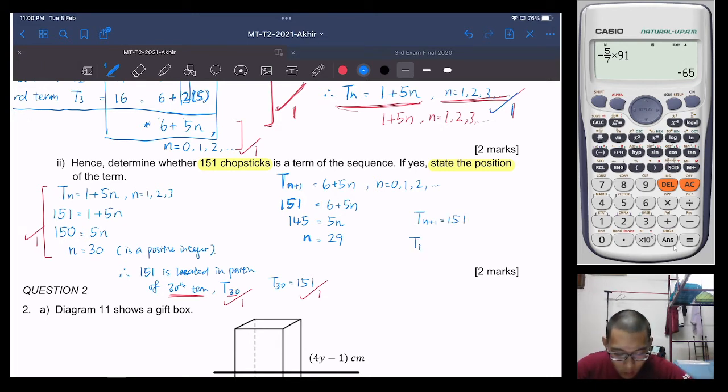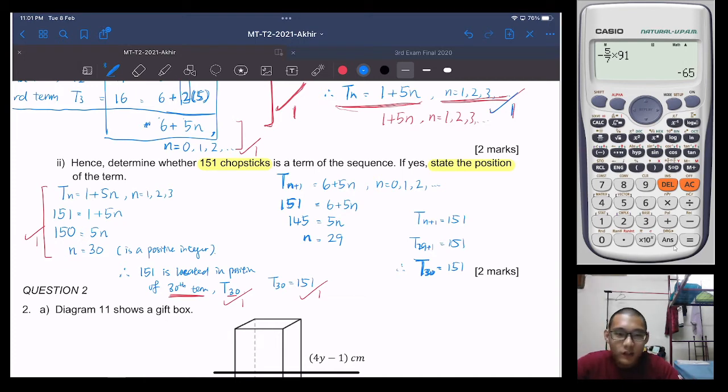I use 29 plus 1, equal to 30. Conclusion: the 30th term is 151. This one we call 30th, and then 31st, 32nd, 33rd. So this is for your information: the 30th term is 151.